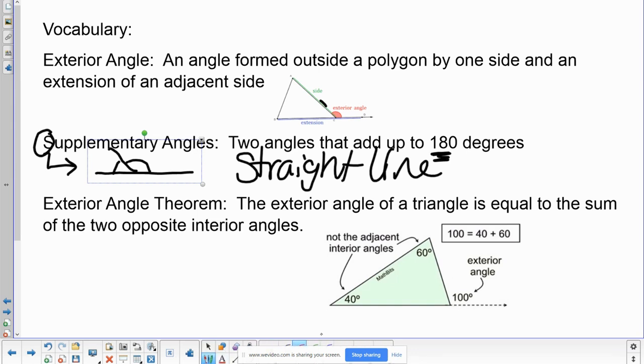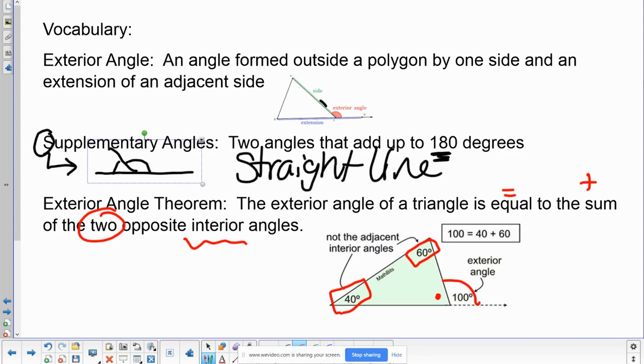That exterior angle, this 100 degrees, is equal to the sum, remember that means addition, of the two opposite interior angles. It's not the angle attached to the exterior angle, it's the ones that are opposite. In this case, it's 60 and 40.